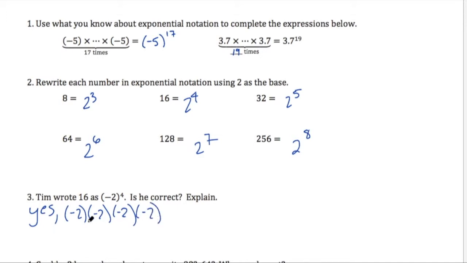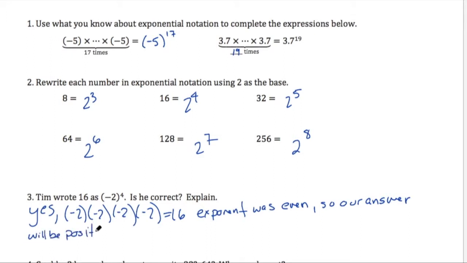We can also look at this and think that the exponent was even, which means we had an even number of negatives. So the exponent was even, so our answer will be positive.